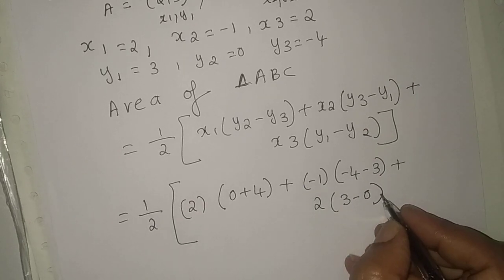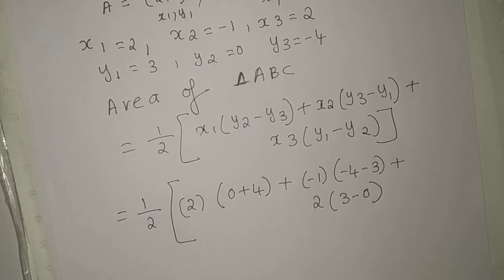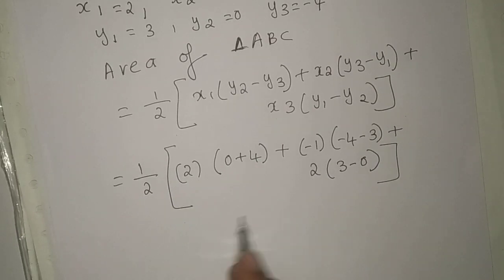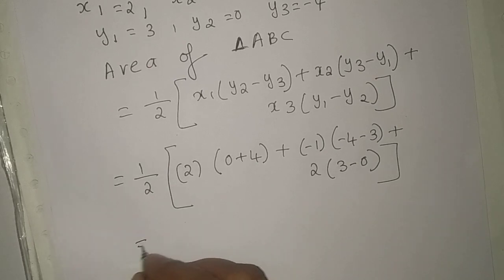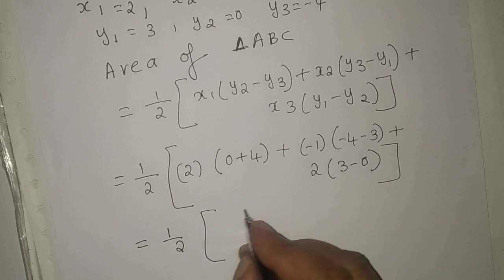Here y1 minus y2 is 3 minus 0. Actually this is a determinant, this is not a square bracket. So we're just writing 1/2 into, and we'll simplify all this.